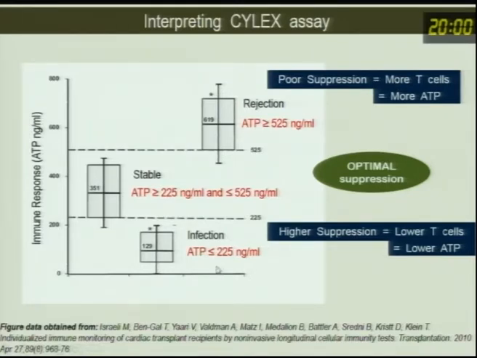Similarly, if the amount of ATP is very low, then the chance of infection is very high because of higher suppression, lower T cells, lower ATP. So this is the optimal window that you are looking for. This data is true data that came from this publication. Equivalent data for Quantiferon is not available yet because it is still a test under development.